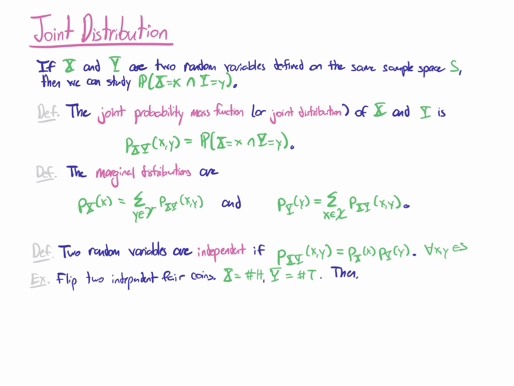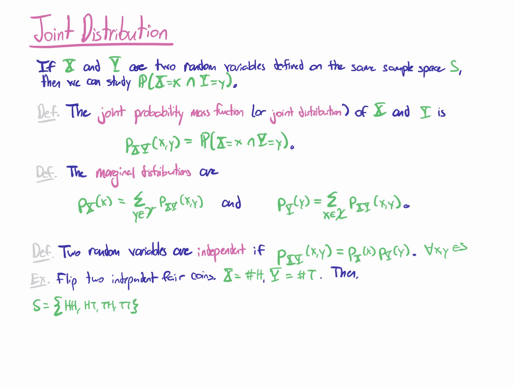Then I'd like to check whether or not these random variables are independent. So I'm going to enumerate my sample space just for reference here. My sample space is HH, HT, TH, and TT.